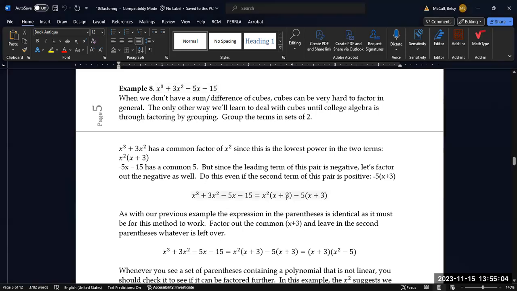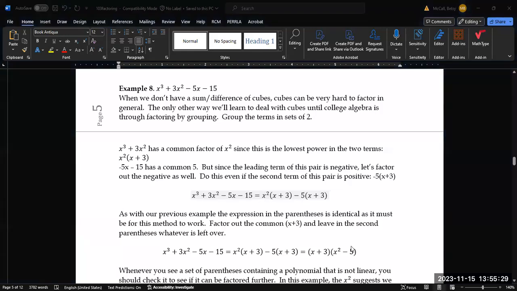And remember, what we need for factoring by grouping to work is a factor in both of these expressions that is the same. They have to be identical. They can't be kind of the same. They have to be exactly the same. And so when we have x plus 3 and x plus 3, that becomes our new common factor. And what's left behind is what was in front of these parentheses, in this case, x squared minus 5.